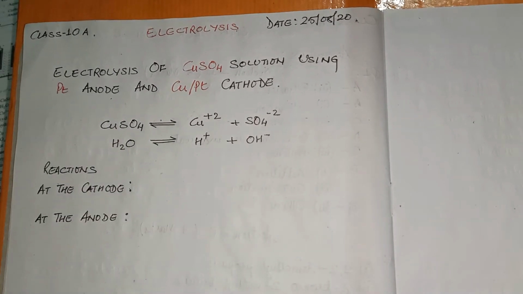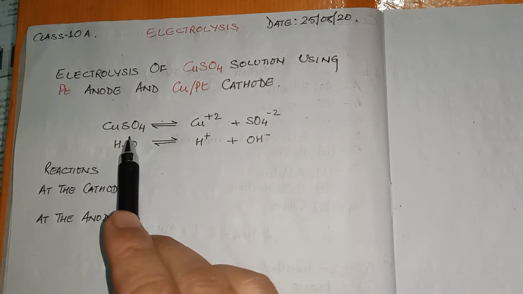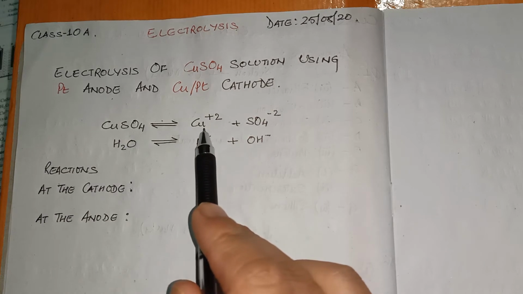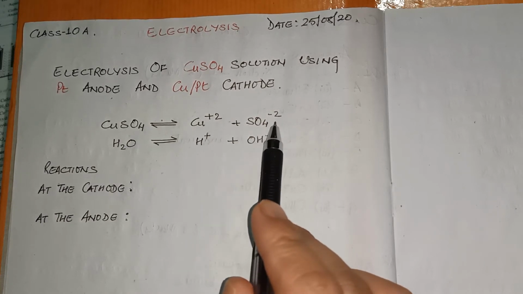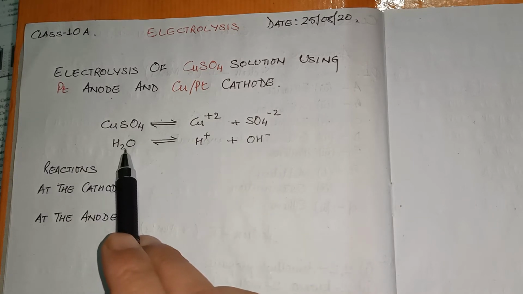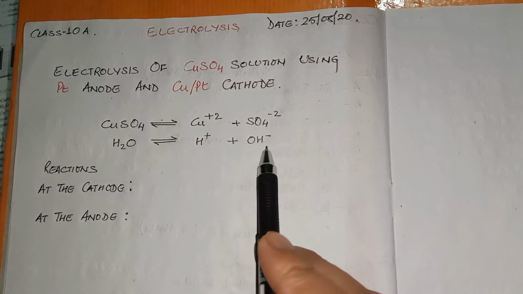First let us see what ions are present in the electrolyte. Copper sulfate is an ionic compound, so it will dissociate to form cupric ion, Cu+2, plus sulfate ion, whereas water ionizes to produce H plus ion and OH minus ion.